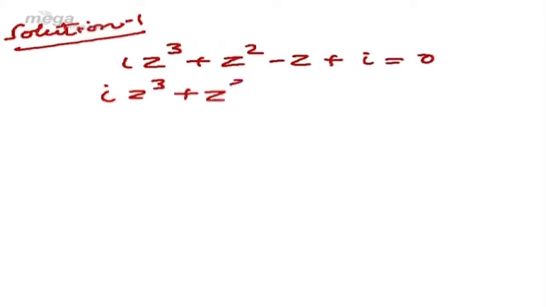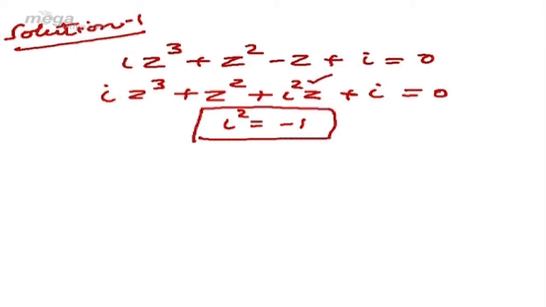iz cube plus z square minus z plus i is equal to 0. iz cube plus z square. You can write minus 1 as i square, so minus z can be written as i square z, plus i is equal to 0. You have written in this step i square is equal to minus 1 in this place.